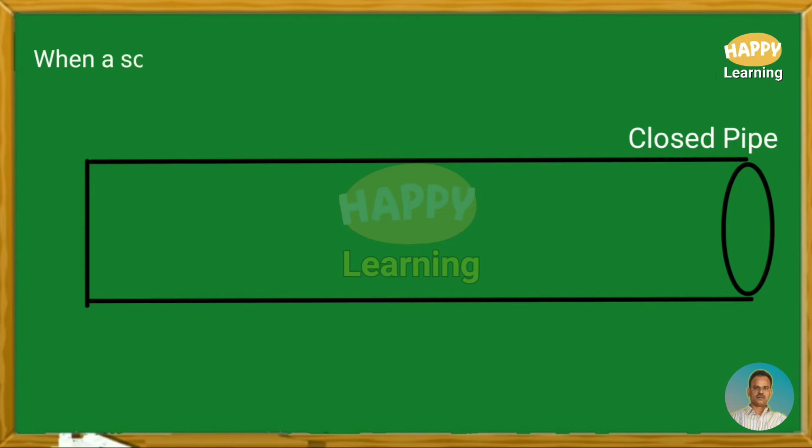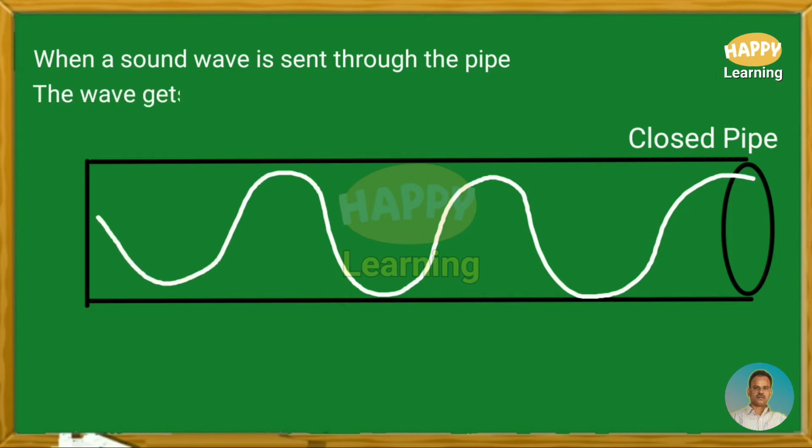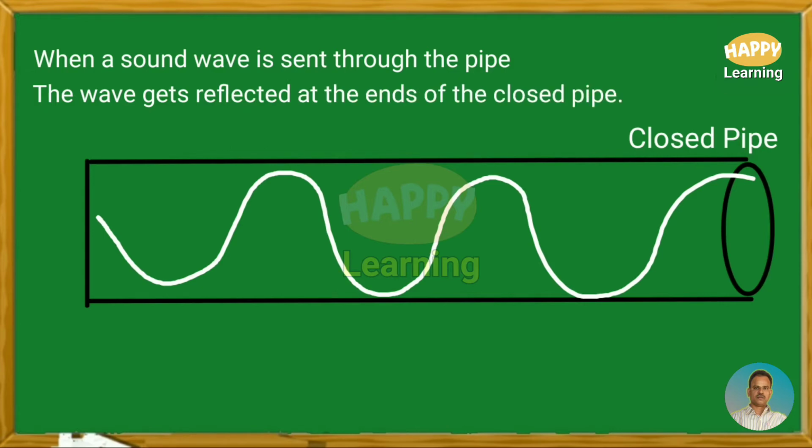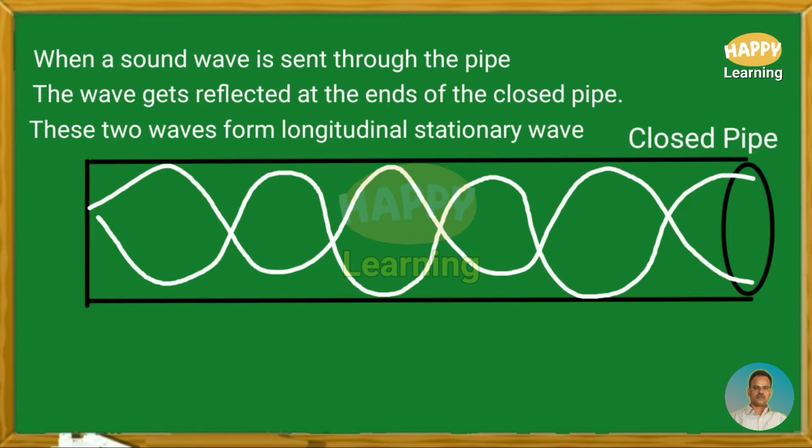When a sound wave is sent through the pipe, this is the incident sound wave. The wave gets reflected at the end of the closed pipe. This is the reflected wave. These two waves form longitudinal stationary waves.